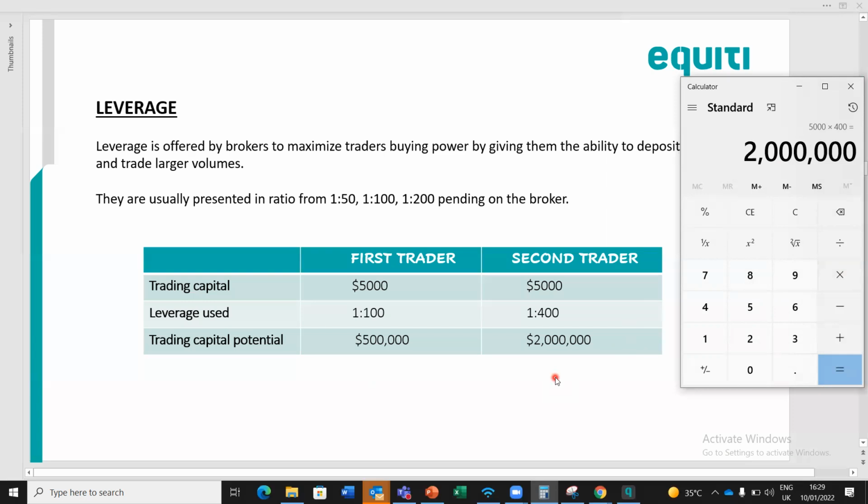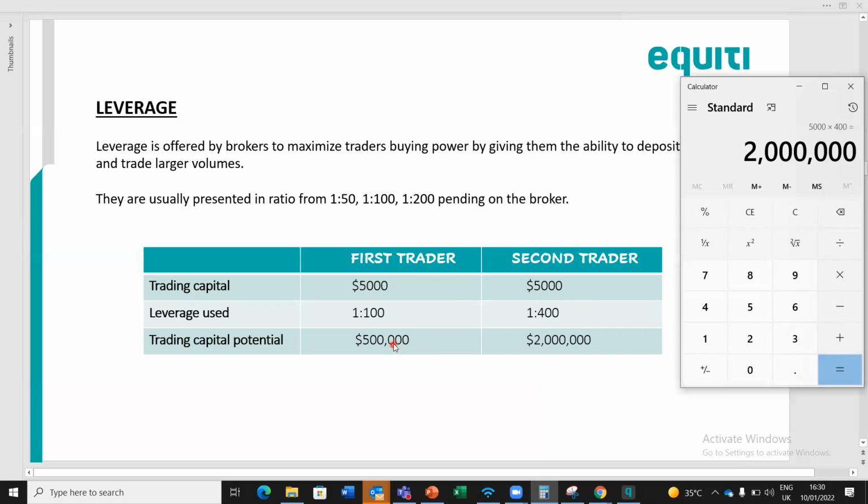It simply means that, okay, let's say for instance, you need to have a minimum of $1 million in your trading as a purchasing capacity to trade gold. Let's assume that's an instance. It's not actually true, but that's an instance. Now you need a minimum of $1 million to trade gold. It simply means that this first trader will not be able to trade gold.